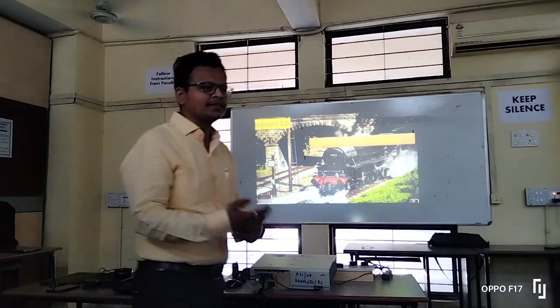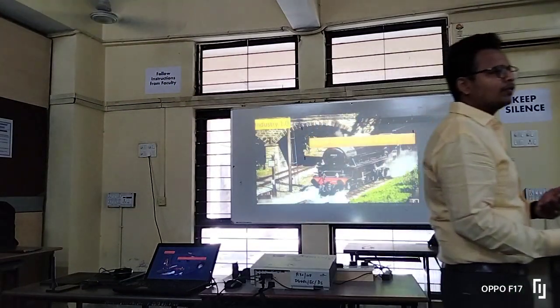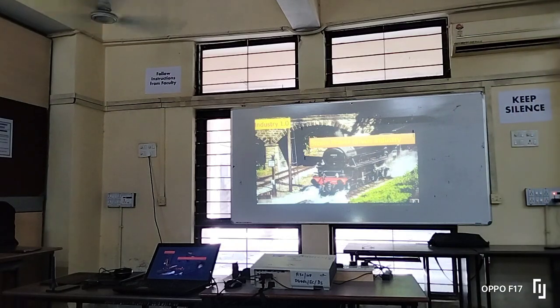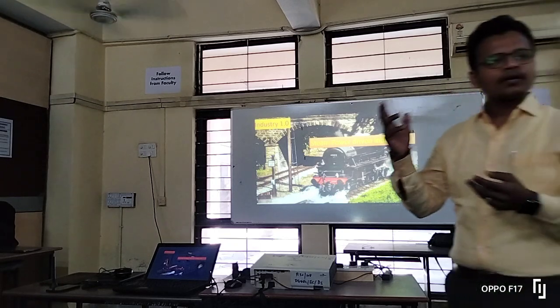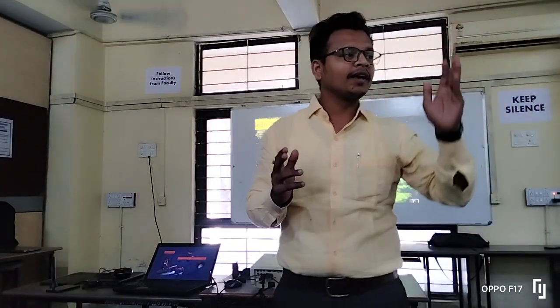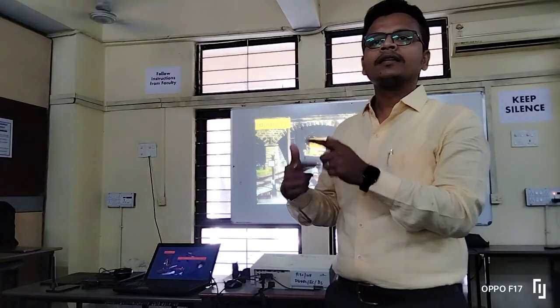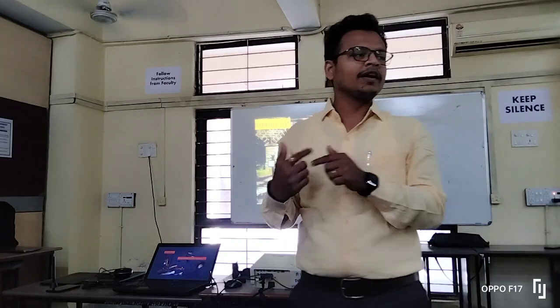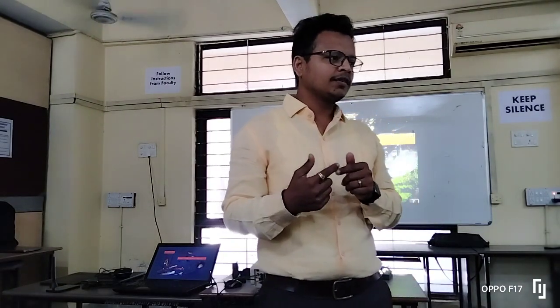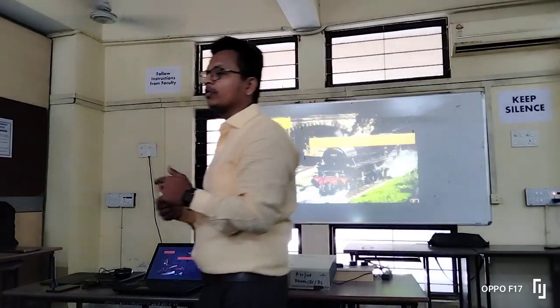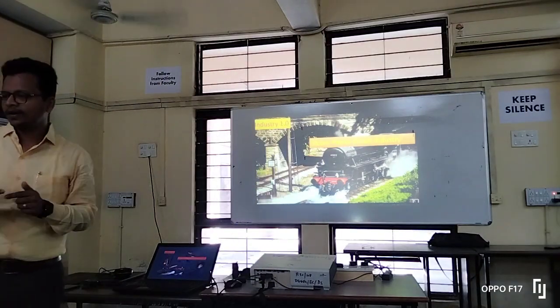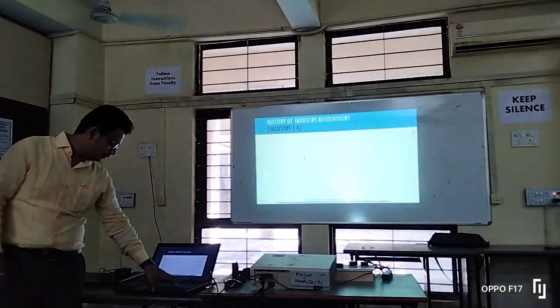You may ask what was there before that. Before that it was human power or animal power. We used cows, buffaloes, and oxen for transportation or any other work. But after this revolution occurred, you reach the steam engine. So using the steam engine, your work will be done.